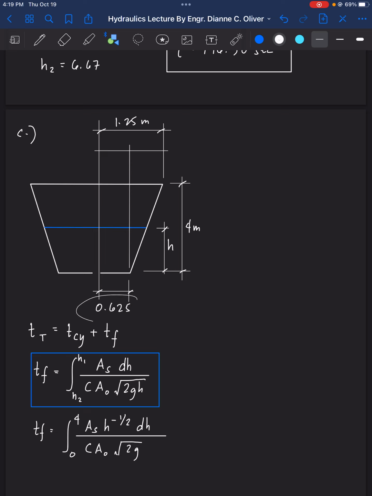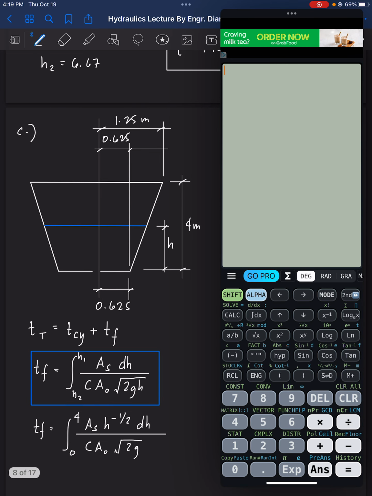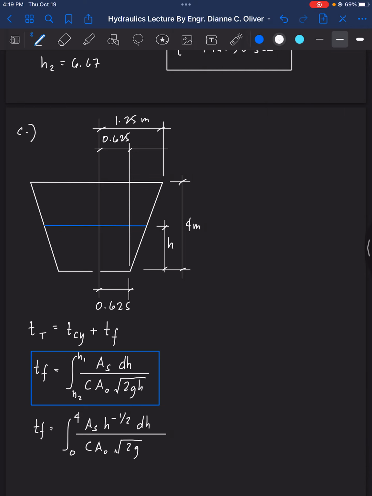Since this is 0.625, we can expect that this is 0.625, and therefore 1.25 minus 0.625 is also 0.625 here. So 0.625 here for the base of our triangle.